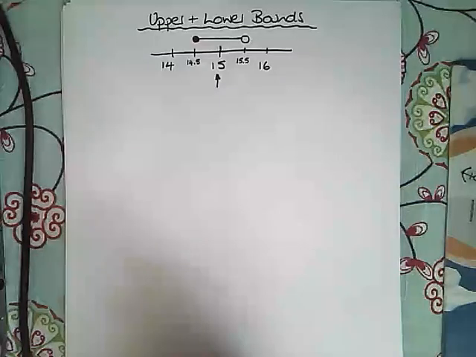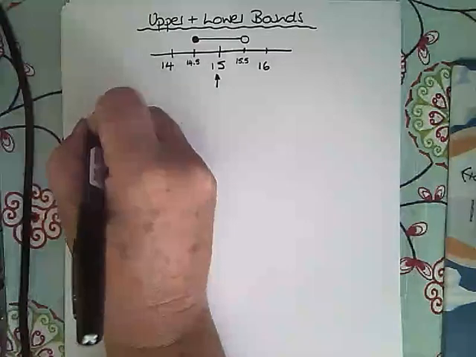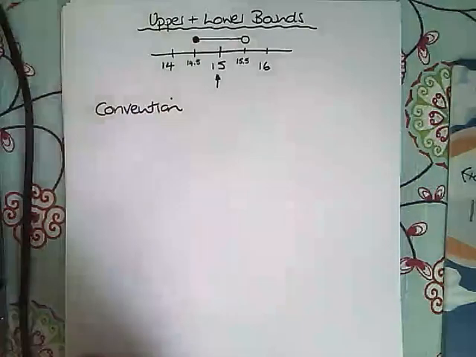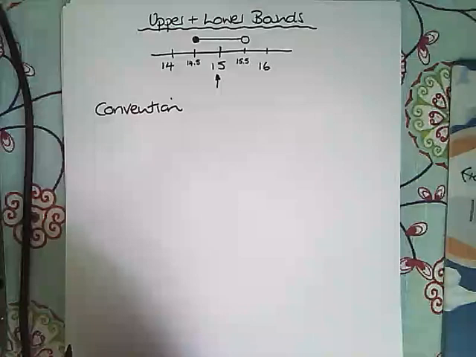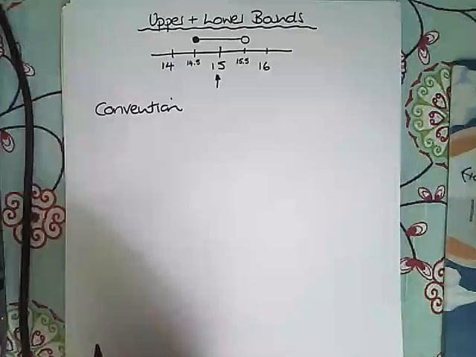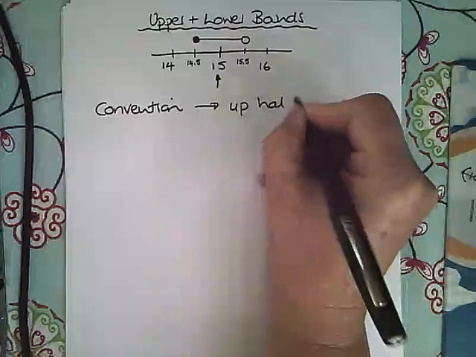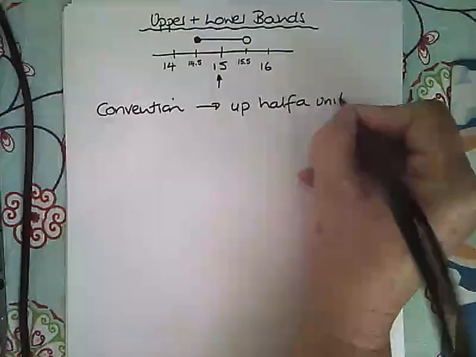However, when we are rounding to upper and lower bounds, we use what is called a convention. And that means that everybody has agreed this is how we are going to work out upper and lower bounds. And the convention is that you go up half a unit to your specified accuracy of measurement and down half a unit to the specified accuracy of the measurement.